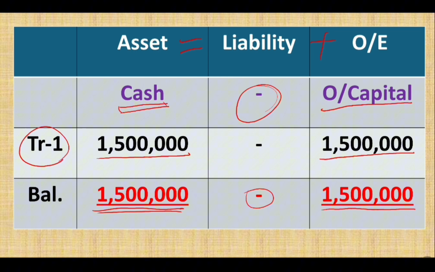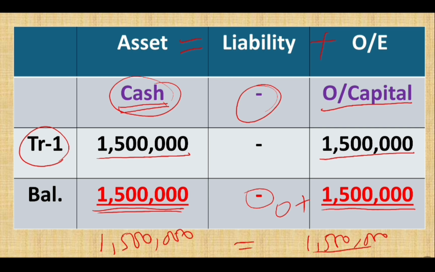The balance of the owner's capital after transaction 1 is 1,500,000. Therefore, the total asset is 1,500,000. The total asset means it's only the cash because we have only one asset. And the liability plus owner equity: liability is 0, 0 plus 1,500,000 is 1,500,000. So the total asset is equal to liability plus owner equity.